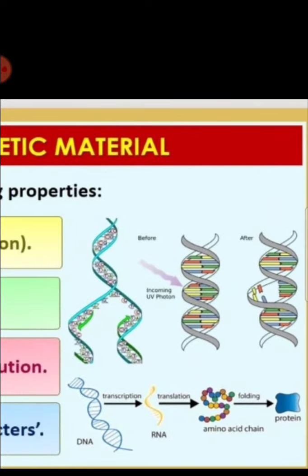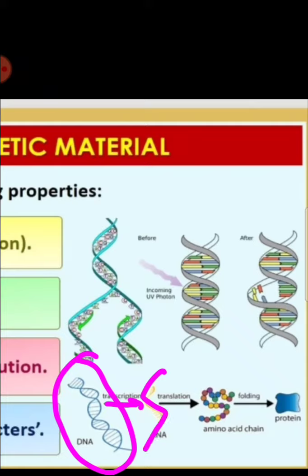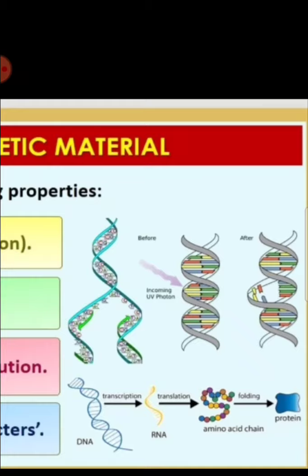So here we have just shown what is actually happening. The DNA will undergo transcription and then produce RNA, and then it undergoes translation to produce an amino acid chain, which will undergo different folding to form a protein.